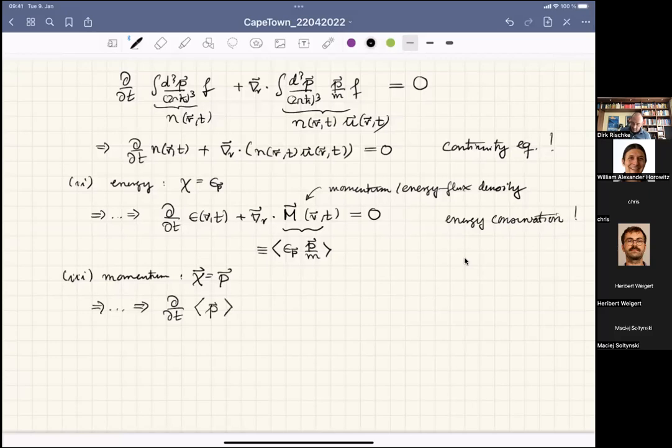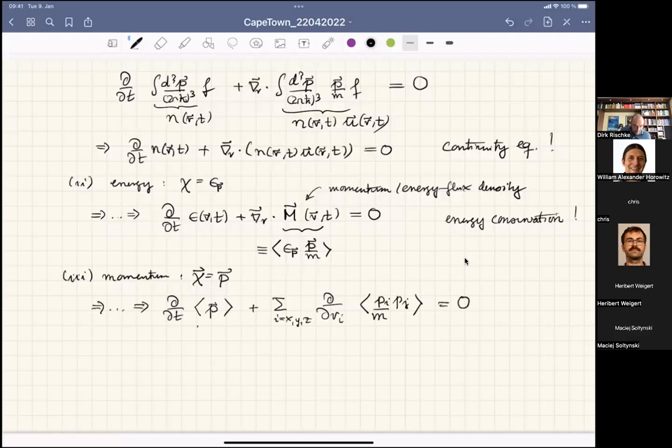And then you have a term where the spatial gradient, let me write it in this form, acts on a tensor, which is Pi Pj over M, averaged. And then we neglect the force part for the sake of simplicity.